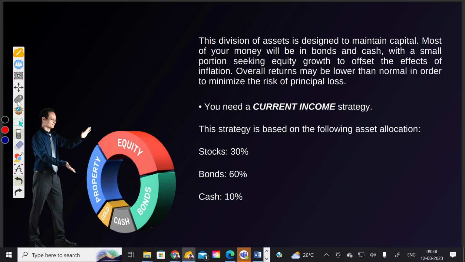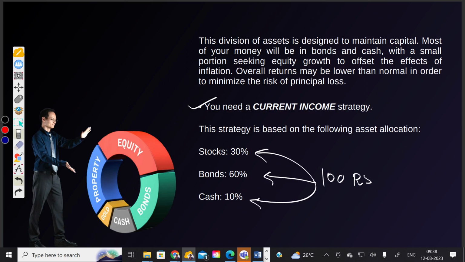If I take the example of your current income strategy, current income, it means, for example, let's say you have 100 rupees. So you can transfer 30 rupees to the stocks, 60 rupees to the bonds or maybe government securities, and then 10% into money market, or maybe you can carry it as liquid cash.